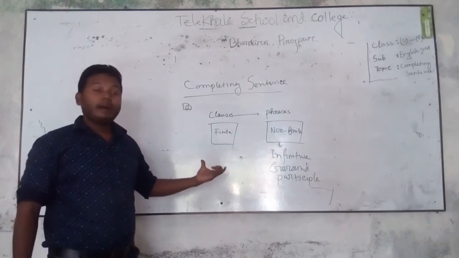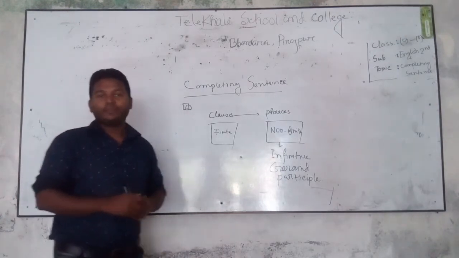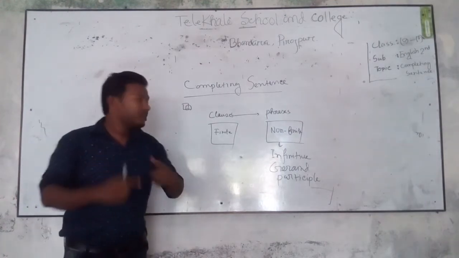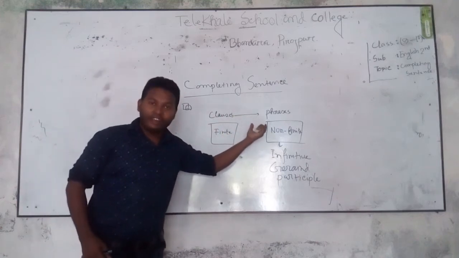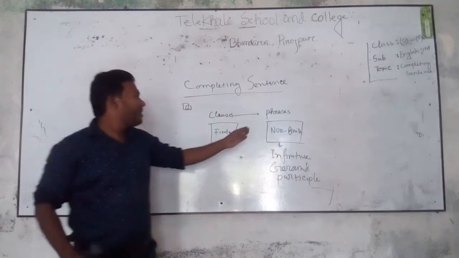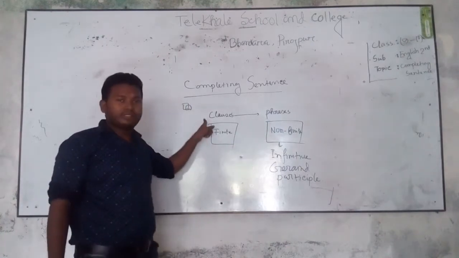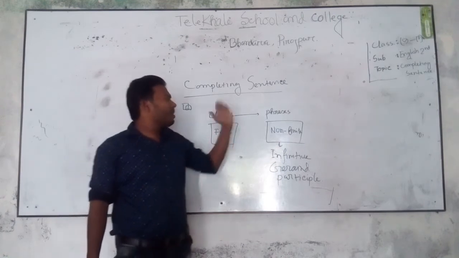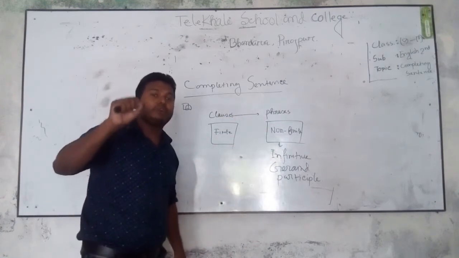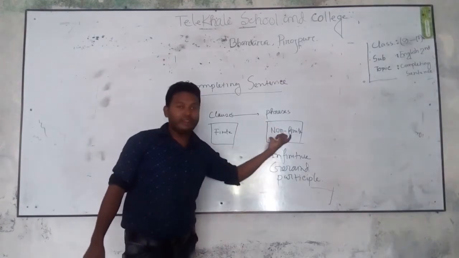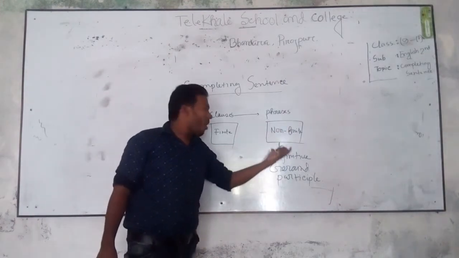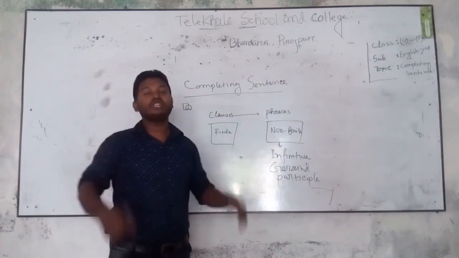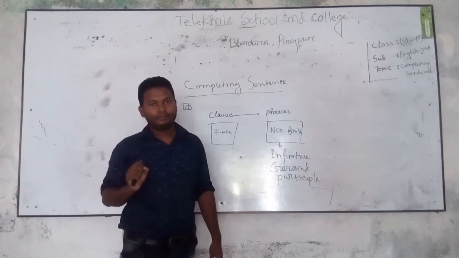At first, after reading the sentence, you must realize whether to complete it with a clause or a phrase. You can complete it by using a clause, where there is a finite verb, or by using a non-finite verb or phrase. Infinitive, gerund and participle can be used with your own common sense.